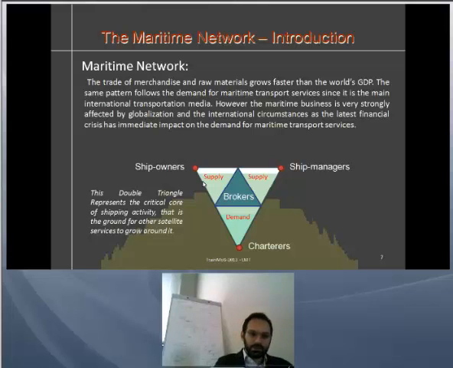Now between them, of course, you can see that in another triangle are the brokers, which actually match the supply with the demand. So this is actually the core of the shipping activity, and around this triangle, all the other services go.